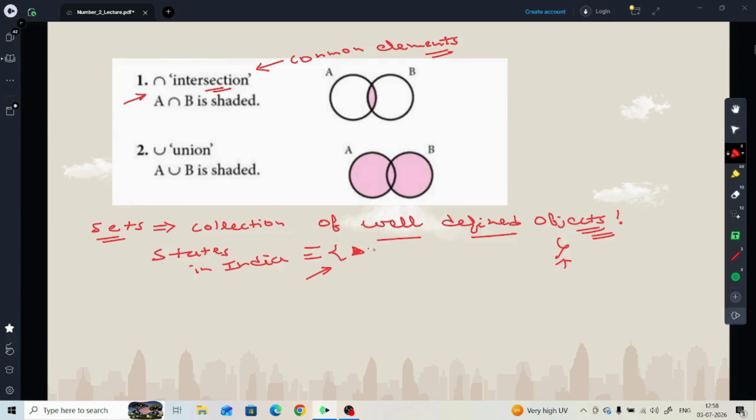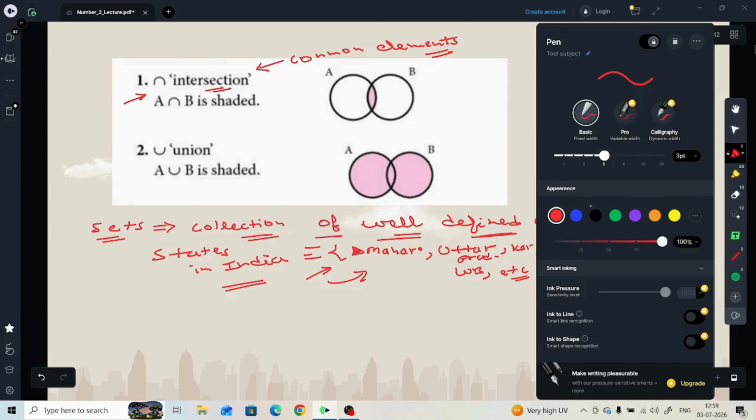We can start with Maharashtra, then move to Uttar Pradesh, Karnataka, West Bengal, and so on. You should not actually write etc., but since there are many states, you can mention all of them. That's how we define the states of India in the form of a set. Sets are nothing but a collection of well-defined objects. That's it, you need to understand.